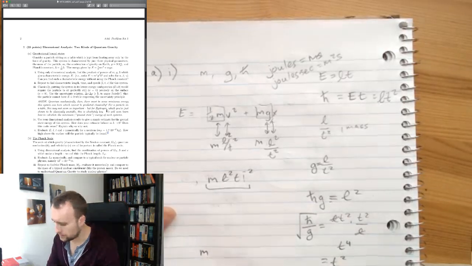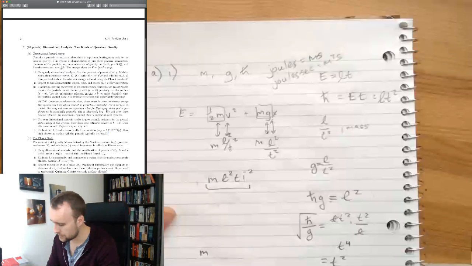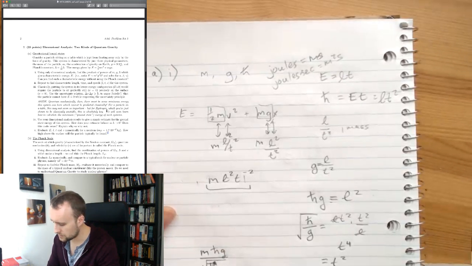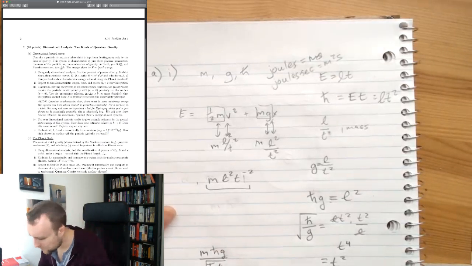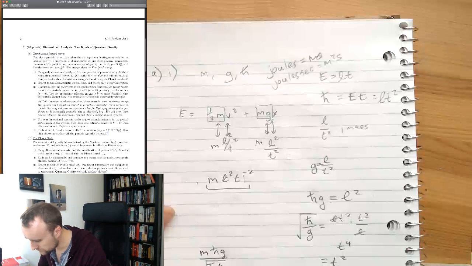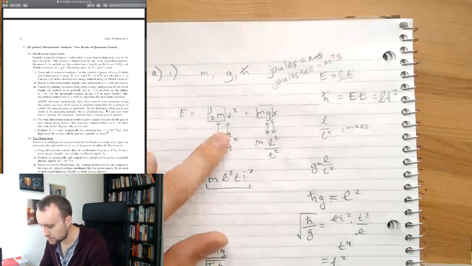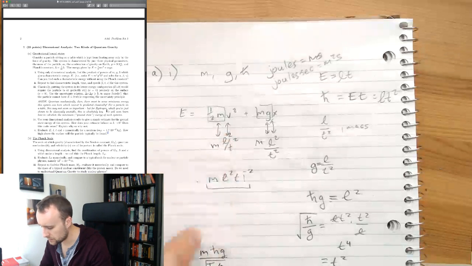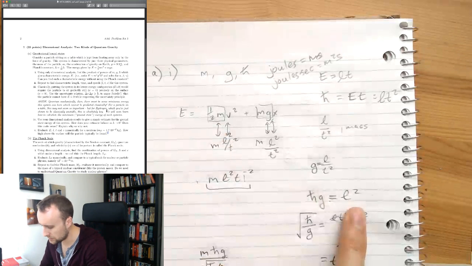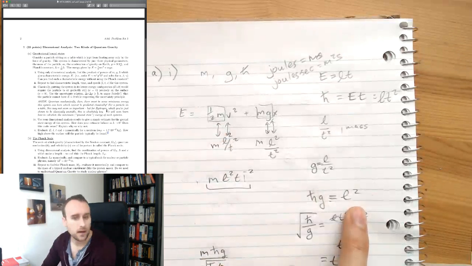So if we get m hg over root hg, is this the right dimensions? Because we need it to be m L squared over t squared. So this is now hg has units of L squared.